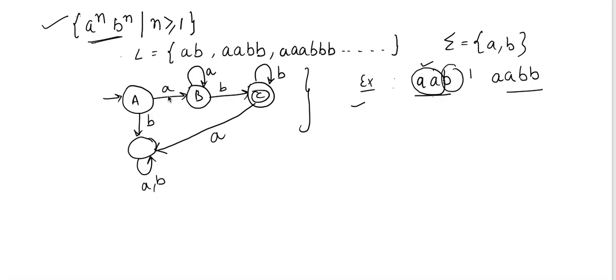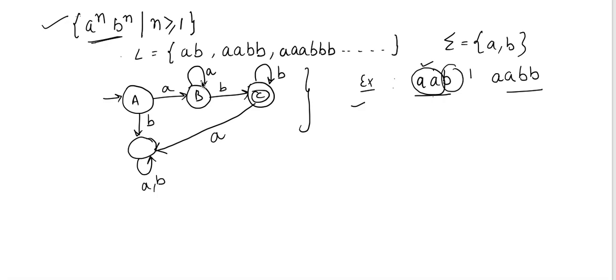Are you analyzing what the problem is? I scan the whole string with this FA, but somehow this FA is not able to store the count of more than one a. When one a comes, it is storing it. It knows that one a has already arrived. But after one a, how many a's can come?